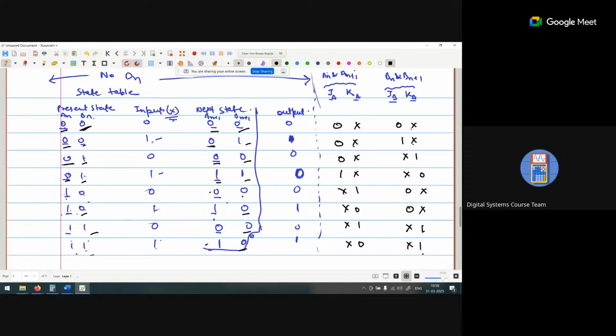Okay, now draw the K map for J, K, JB and KB.